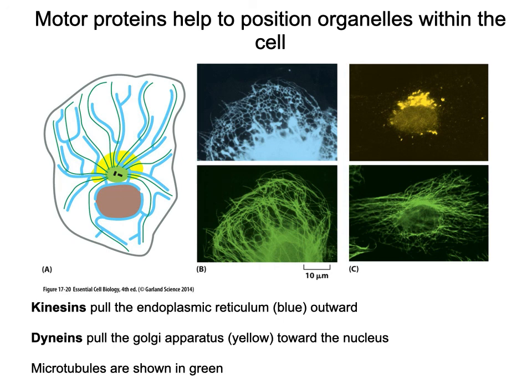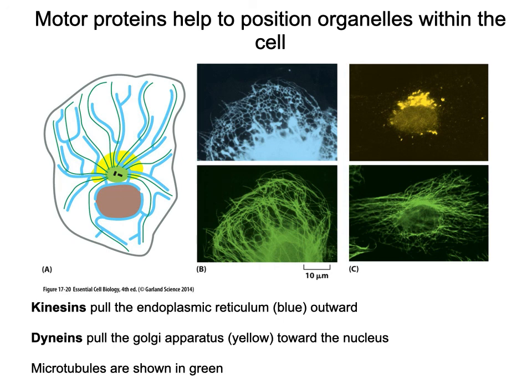The nucleus is going to be located near the centrosome, where dynein is going to be pulling and keeping the Golgi, which is in the yellow, towards the nucleus, towards the centrosome. So the centrosome is going to be located again near the nucleus. And those microtubules are going to be shown in the green. So it'd be nice if they did a little overlay of these.